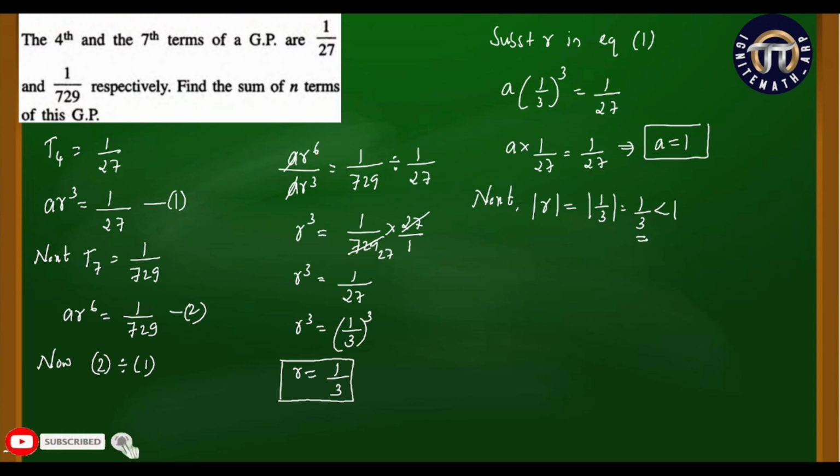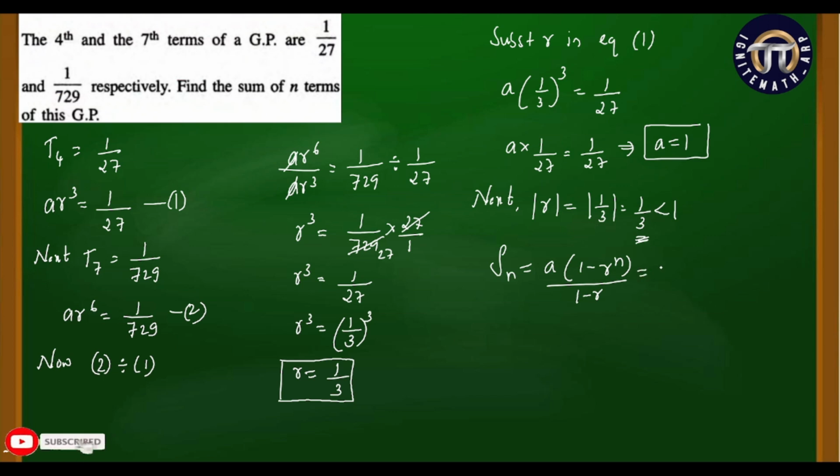You need to remember, children, all proper fractions are less than 1 and all improper fractions are more than 1. Once you get a proper fraction, you can easily decide that it is less than 1. Clear, children? So now I am going to use the formula Sn is equal to a into 1 minus r to the power of n by 1 minus r. Clear, children?